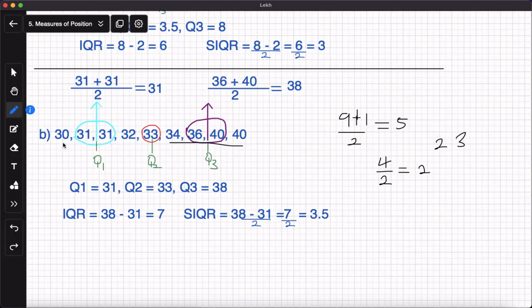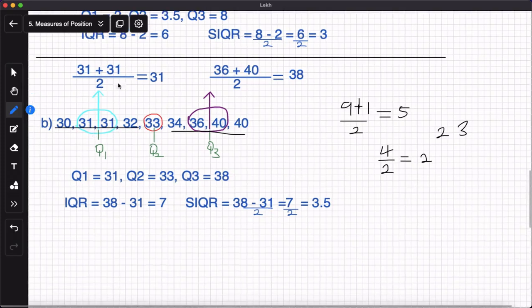4 divided by 2 gives you 2, so the second and third observations are important to you. The second and third observations happen to be 31, so you add them and divide by 2, you get 31. So Q1 is 31. Q3 is from the second and third observations in the right part; adding them and dividing by 2, you get 38.